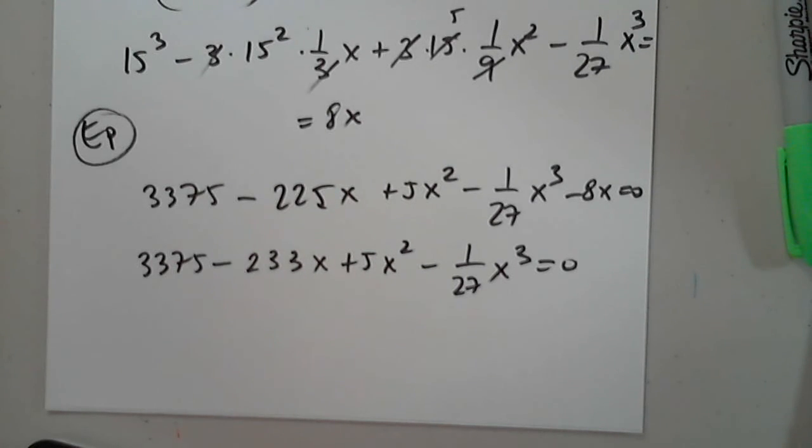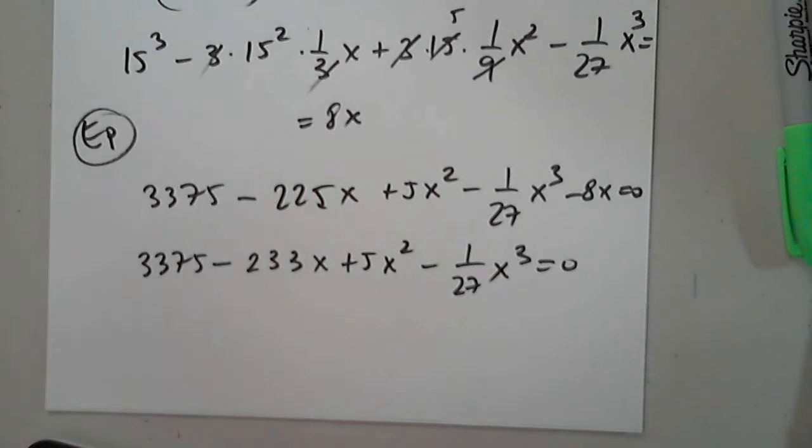And carefully in the correct order, the first coefficient is negative 1 over 27. The next one is 5. The next one is negative 233. And the next one is 3375.